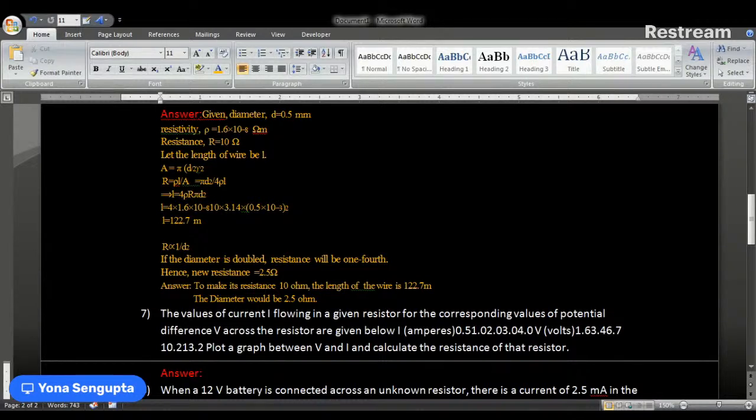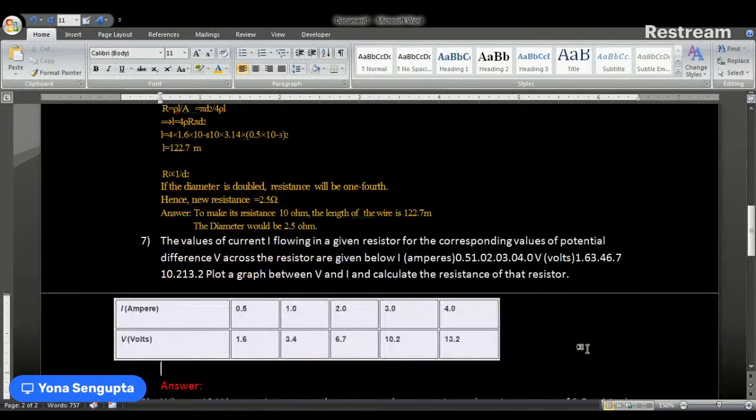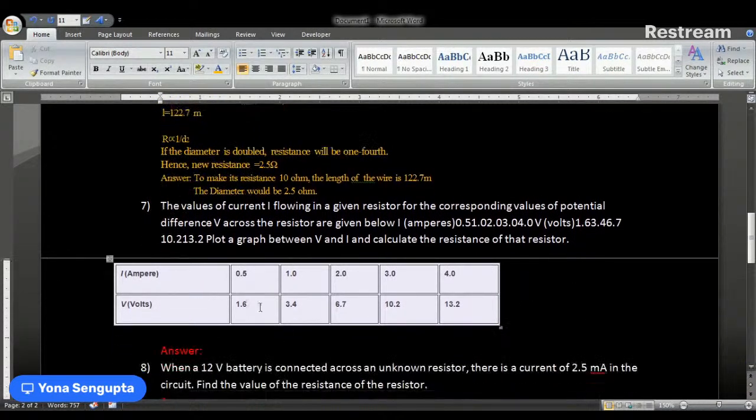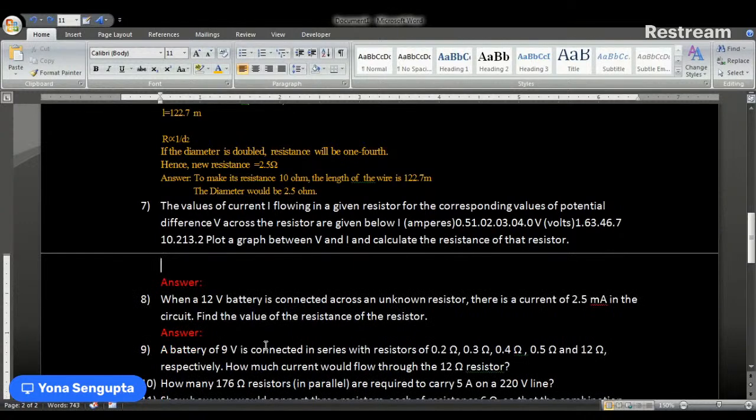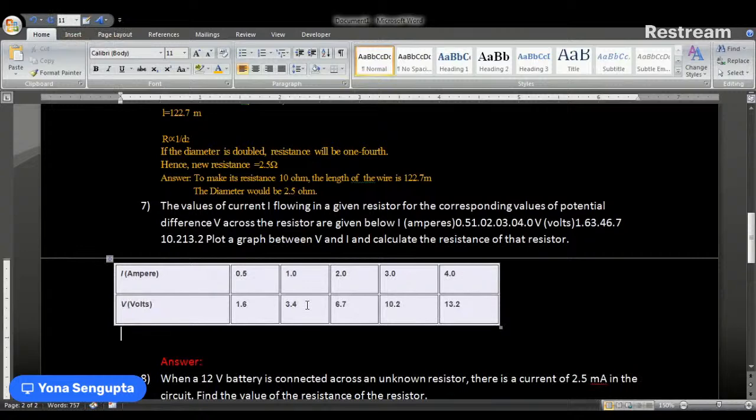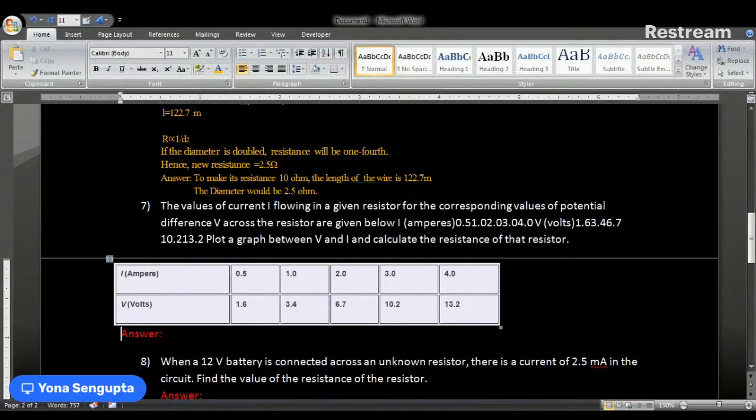So, as you can see, this is the table that is set with the corresponding values of the volt and I. I don't think I have the voltage thing, but still I'll help.